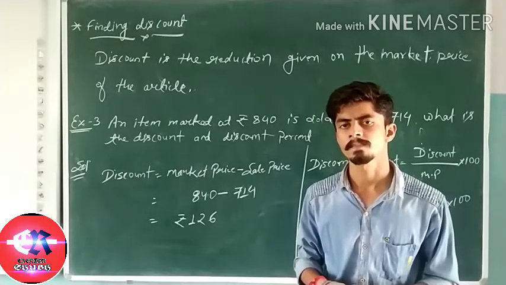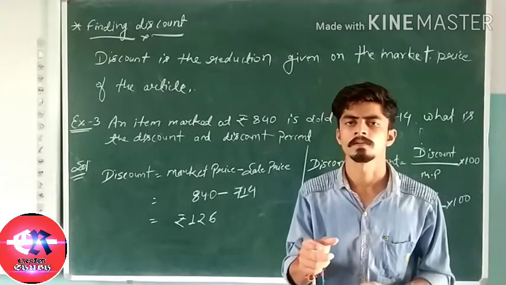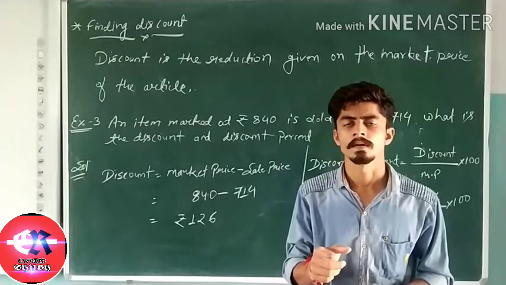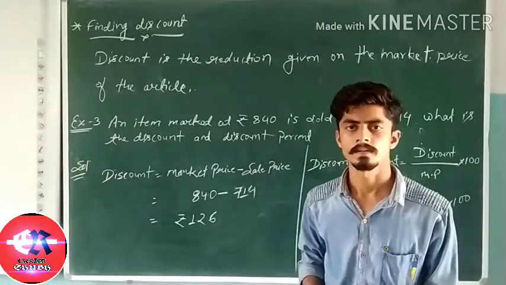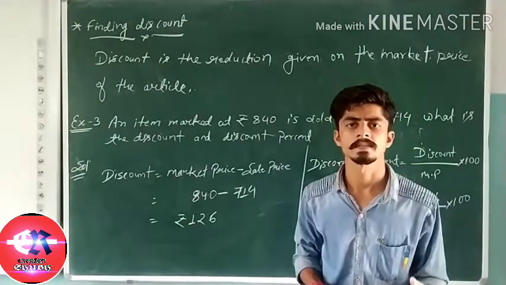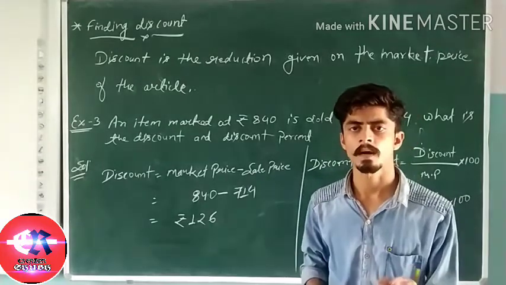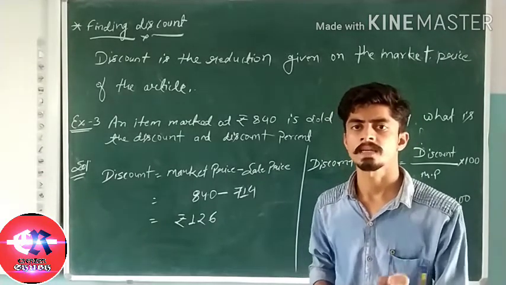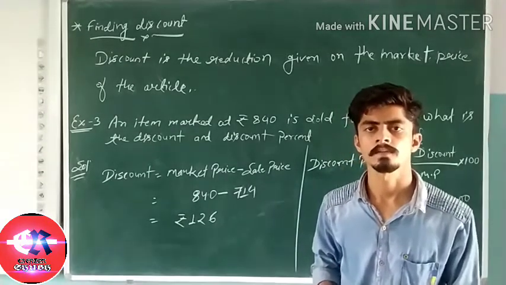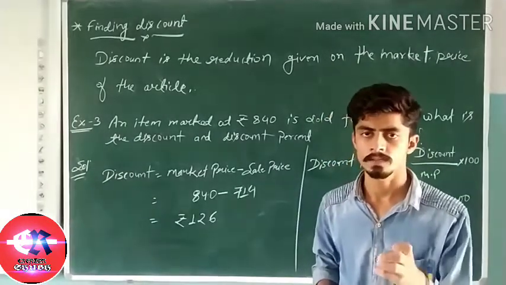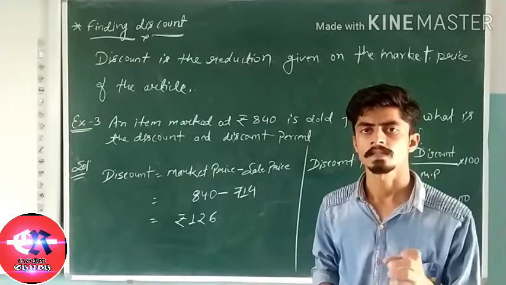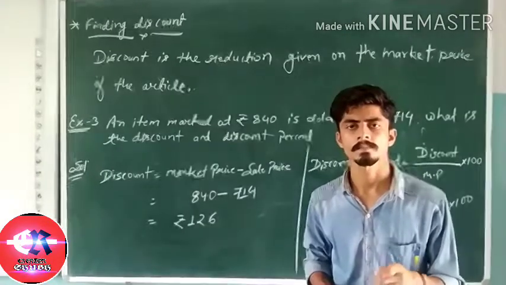So that amount, whatever he gives us as a discount, or we can say the amount that we save from the market price, we save rupees 100. So this was the discount given on the particular item.